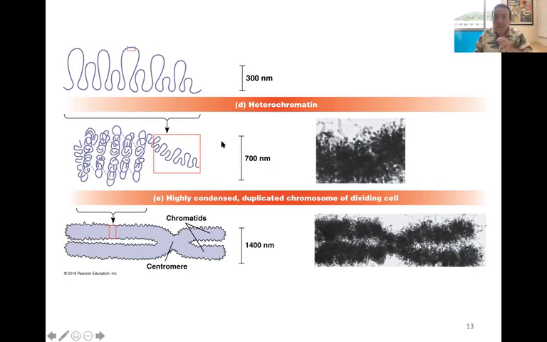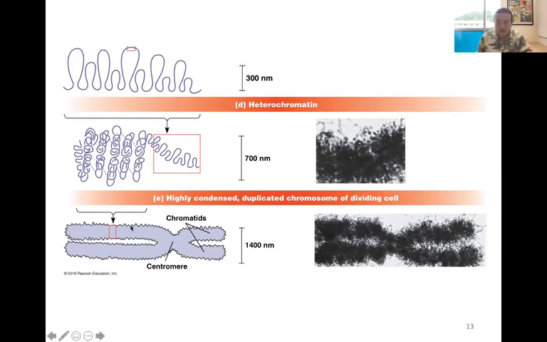So that means most of the time in a cell in your body that's doing its job, functioning as like a skin cell or a nerve cell or muscle cell or gland cell, its DNA is going to be arranged as a mix of heterochromatin and more relaxed loops. And that means your individual chromosomes are not going to be present as these rods that we usually see in a karyotype, like the rainbow colored image I showed you earlier, because those condensed rods only happen when the cell is about to undergo mitosis.